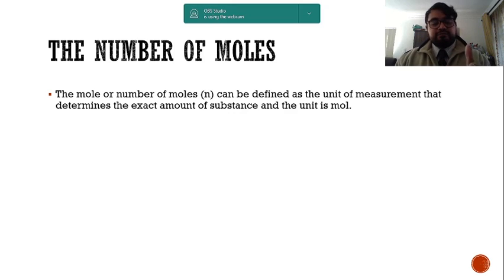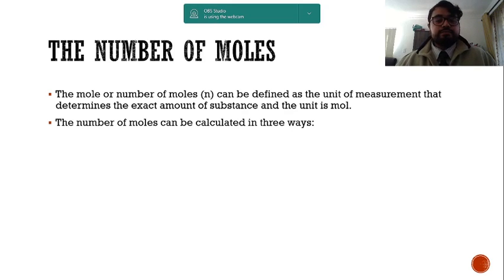We could have 15 grams or 15 milliliters of a substance, but it won't tell us exactly how much of that substance is there. So number of moles tells us how much of this substance is present, how much we have taken out. And the unit for number of moles is mole.